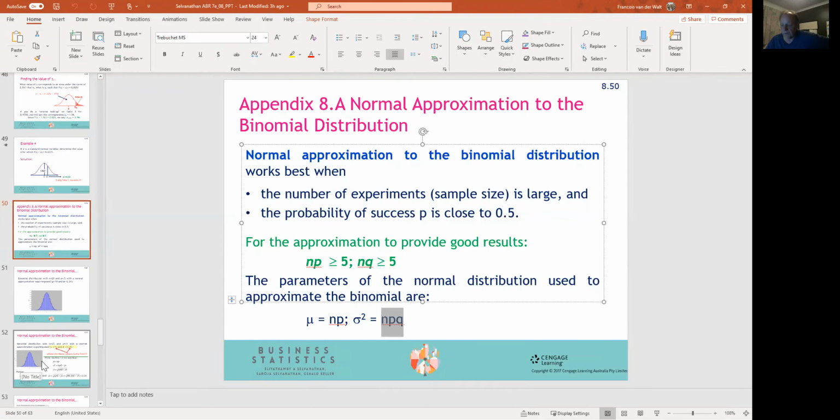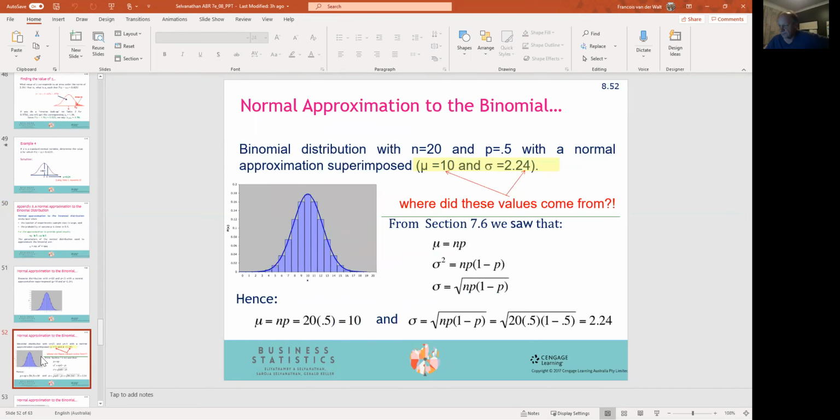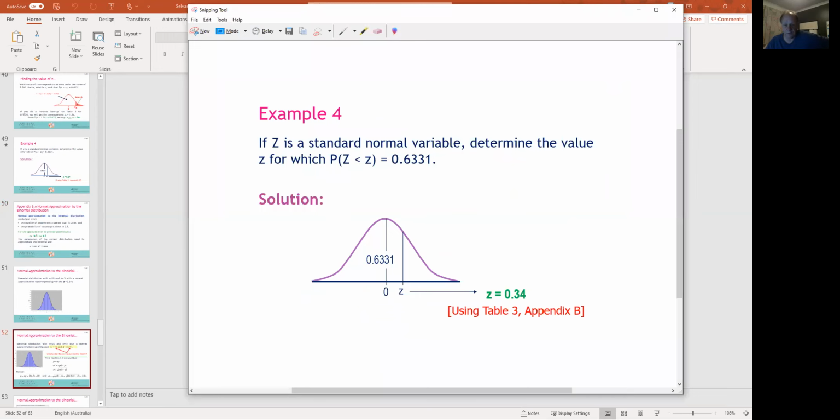Let's see if there's a particular example and I can show it to you. Okay, let's look at this one and I'll show you in Excel. Again, I'm not really interested that you understand the maths of why it's like this, as long as you can do it in Excel.